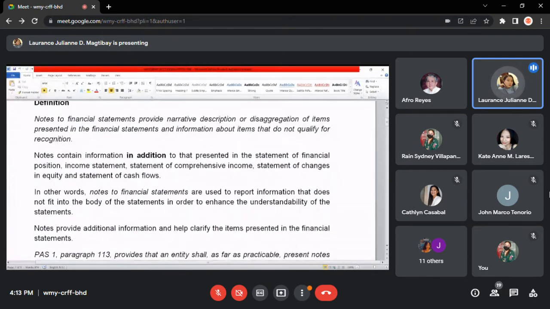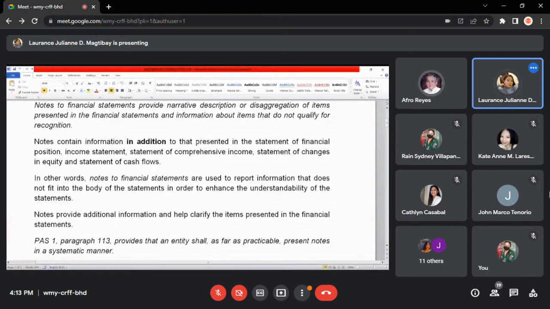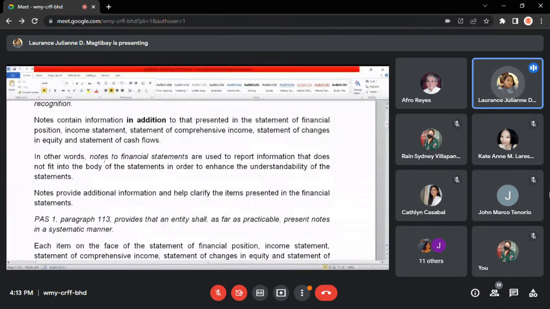So, sabi dito yung notes to financial statements daw ay narrative description of items presented in the statement of financial position, income statement, statement of comprehensive income, and other statements.